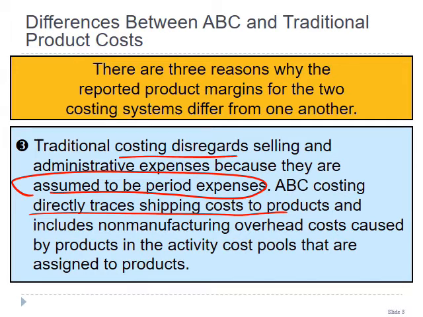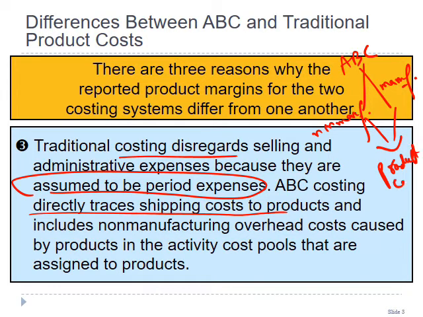So remember at the start we discussed that ABC also allows some manufacturing and non-manufacturing costs to be product cost, right?